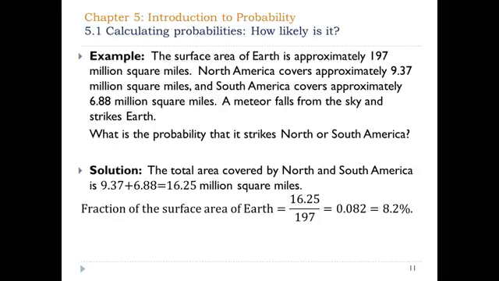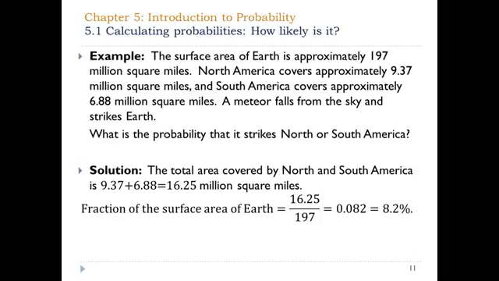One thing you have to notice here is that there is not a conjunction of two events, North America and South America. There is not a part of a continent that is both North America and South America at the same time. So probability of A and B is going to be 0. Solution.